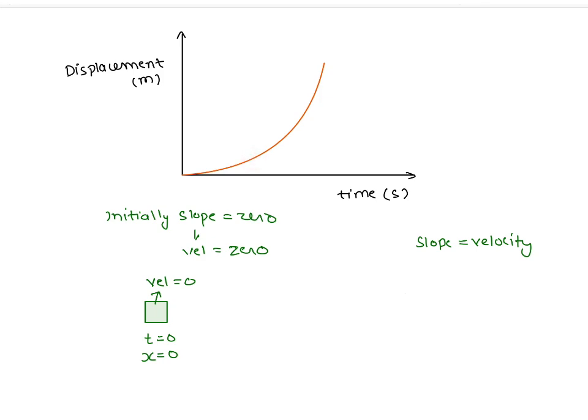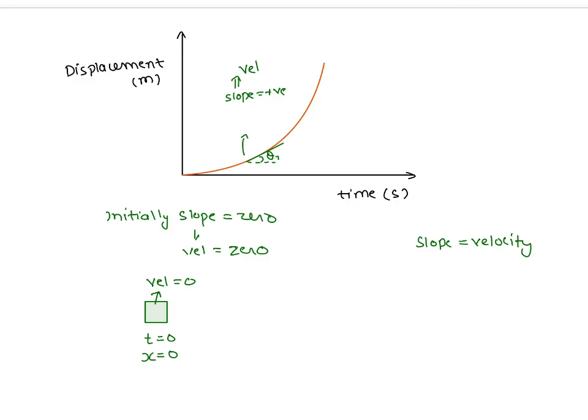If you see here, the slope is positive, and let the angle be theta 1. So at this point, I can say that the slope is positive. And what is slope? Slope is velocity. So this positive sign indicates that the particle is moving towards the plus x direction.